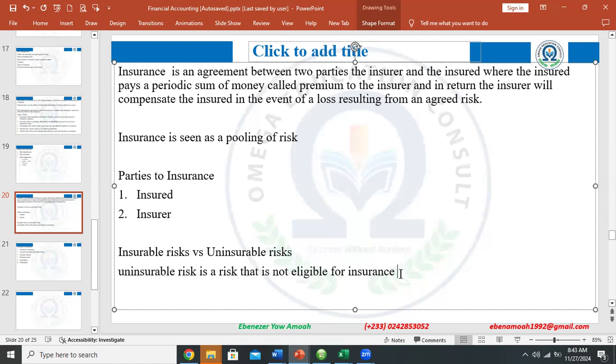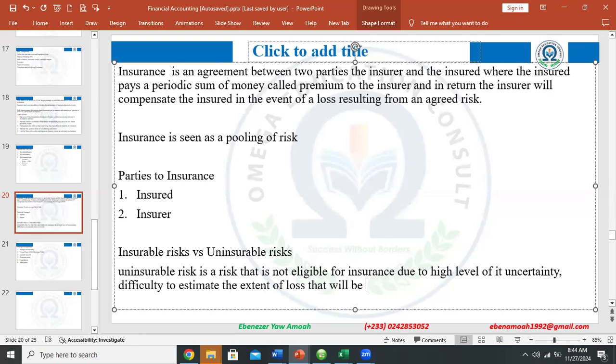So due to a high level of uncertainty, difficulty to estimate the extent of loss that will be suffered, or the high degree of its occurrence.